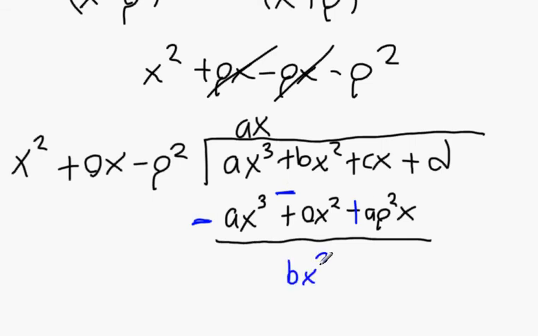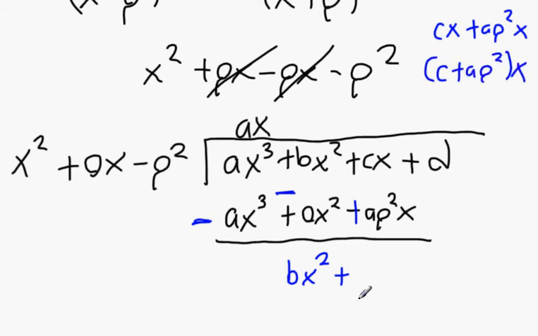We're going to get bx squared. Brackets, factorize this, what do we get? c plus ap squared x. Then bring down the d. Now, what happens next is we're going to get b times this.